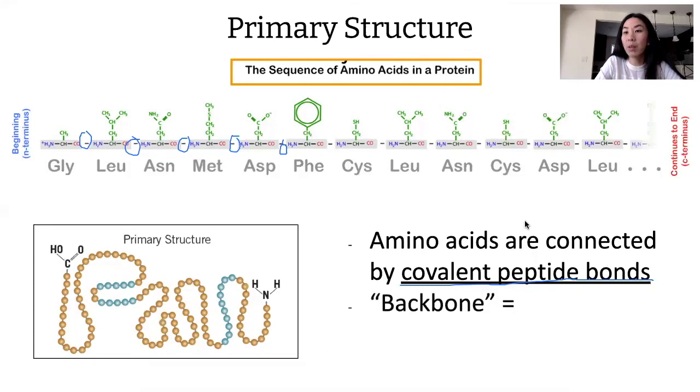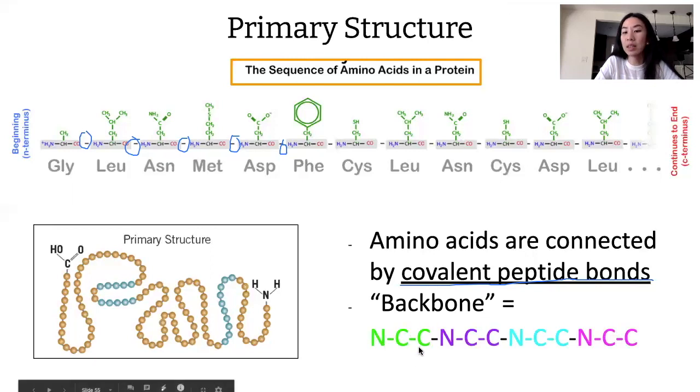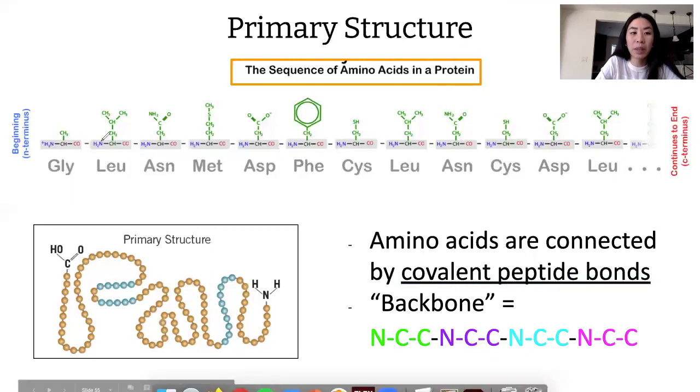And we also, in the textbook and on your exam, if they mention the backbone, it is this pattern of NCC, NCC, NCC, NCC, which is nitrogen, carbon, carbon, nitrogen, carbon, carbon. So I'm going to show you on the diagram what I mean by that. But the backbone is this grayish area.